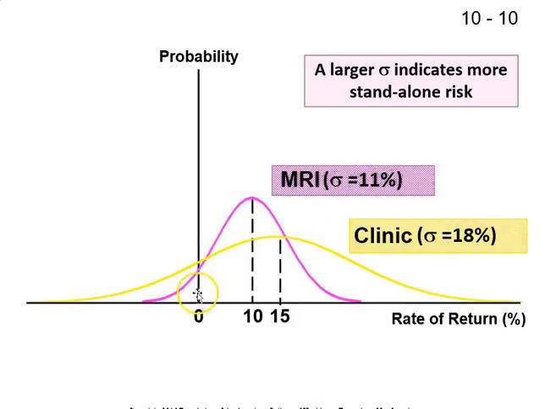So the MRI is tighter, those returns are centered more around that expected return of 10, where we had an expected return of 15% for the clinic, but the returns on there deviated more from that expected return of 15. They were looser in this case. So there's kind of a graphic representation.